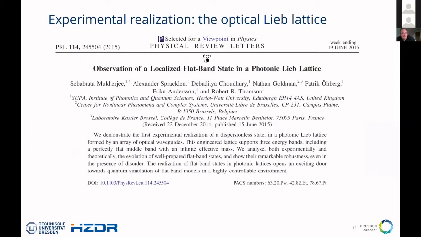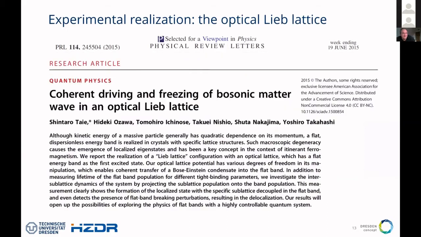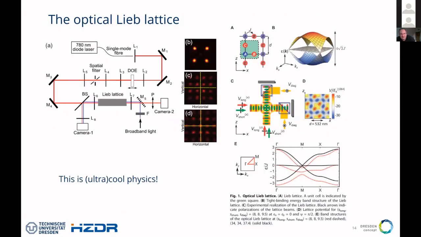There are 2 back-to-back Physical Review Letters from 2015. Here's another one in PRL, just to give you an idea. They are playing with a lot of mirrors and a lot of lenses and so on. They can create these lattices in a very optical way. And if they do that, they have to do it at very, very cold temperatures.